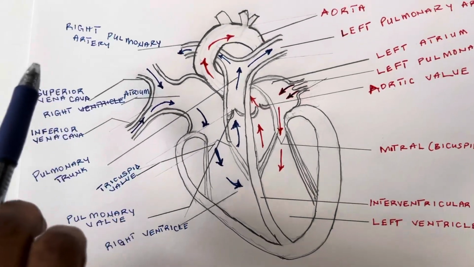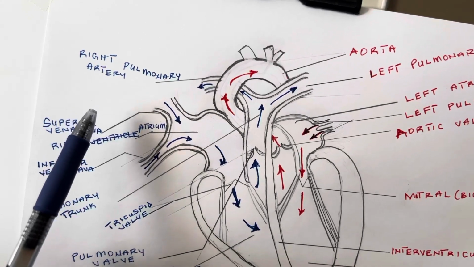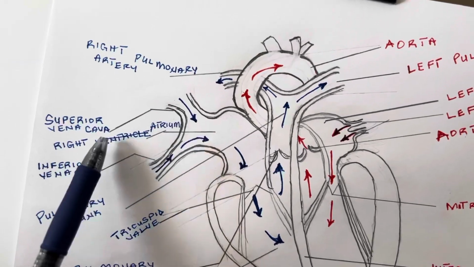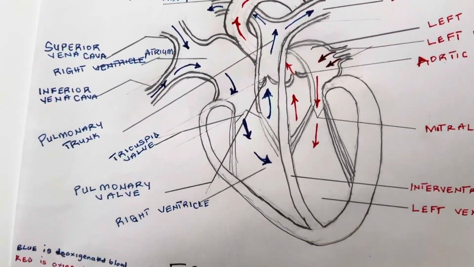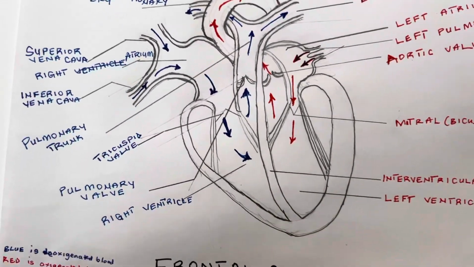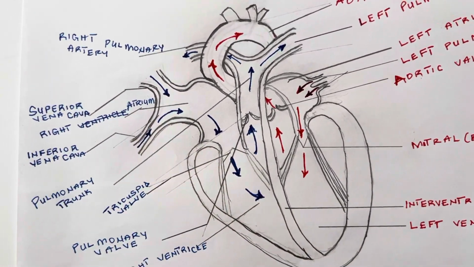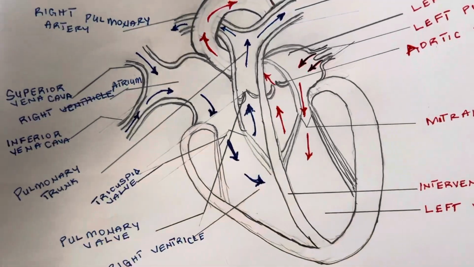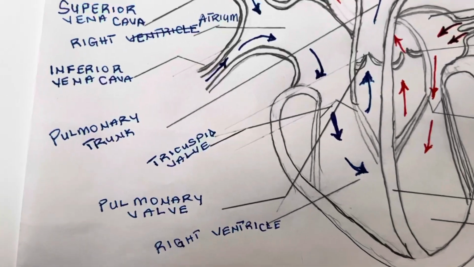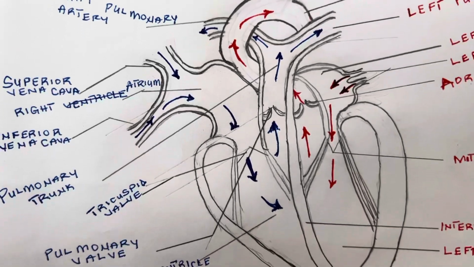To start with the structures that we have here, I will start with my superior vena cava. It's the biggest vein, and my inferior vena cava. My superior vena cava will be draining blood from the brachiocephalic veins, both left and right.